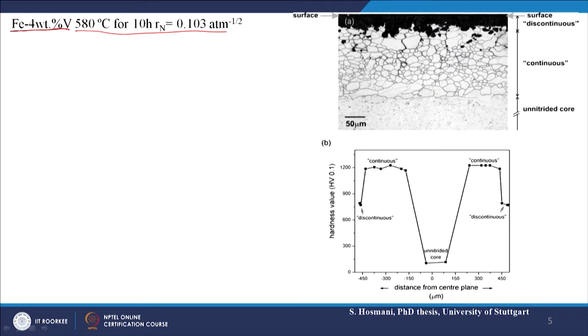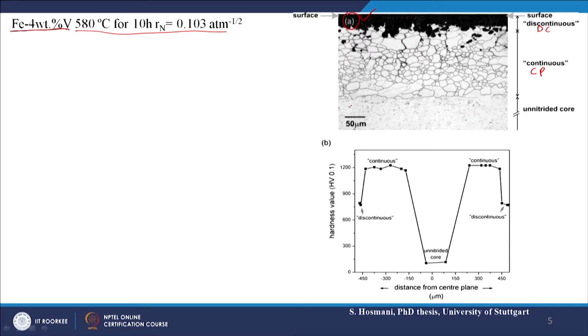What you see here as A is the light optical cross sectional micrograph. Similar to iron chromium, you see a continuous precipitation region, the CP region, and a discontinuously coarsened region, the DC region, close to the surface, and you have an unnitrided or unreacted core here. You will be able to distinguish these regions.